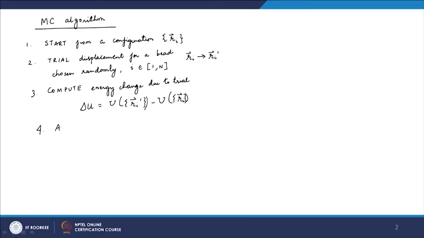And then accept or reject the move using some function of delta U. If I accept, basically I set Ri to Ri prime, and if I reject, of course I do nothing.